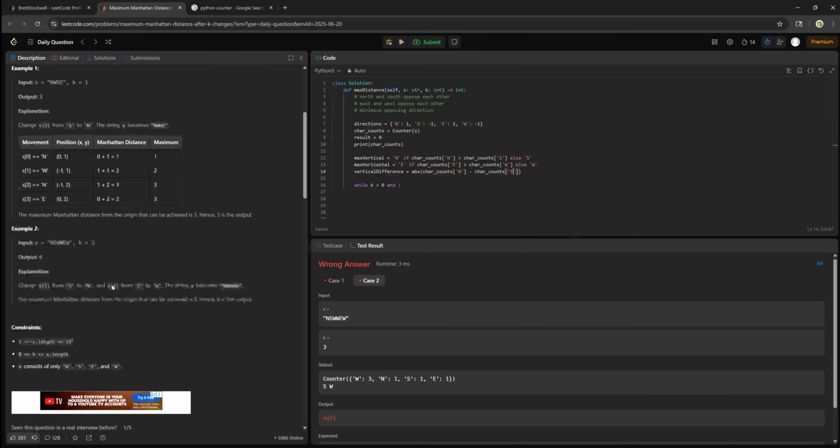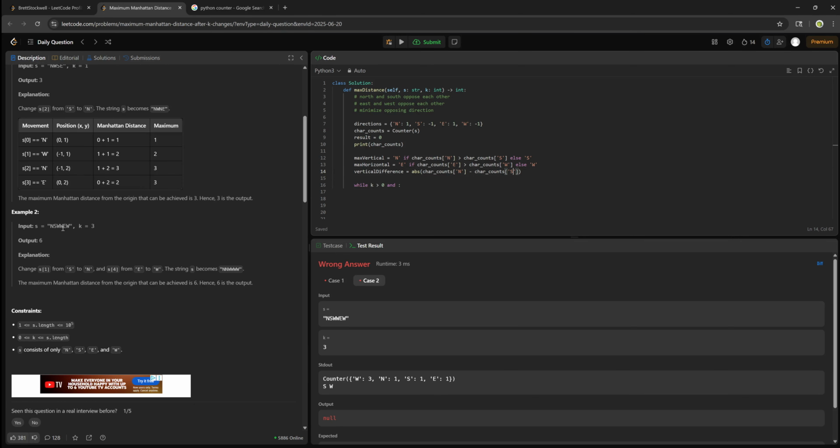So for instance, in this second problem, you have 3 west, but you only have 1 east. So the difference between the horizontal directions is going to be 3 minus 1, which equals 2. And obviously you want to minimize this difference to get the maximum result. Horizontal, or east minus west.